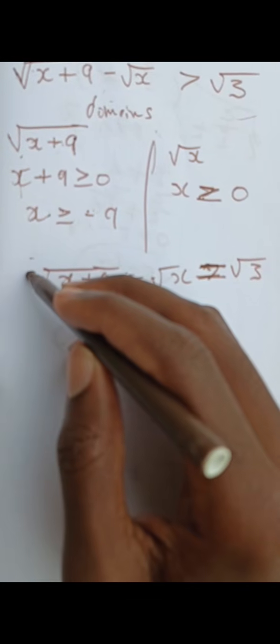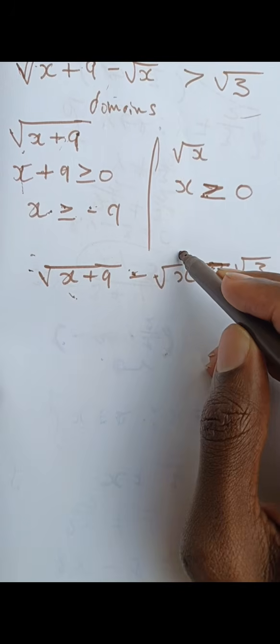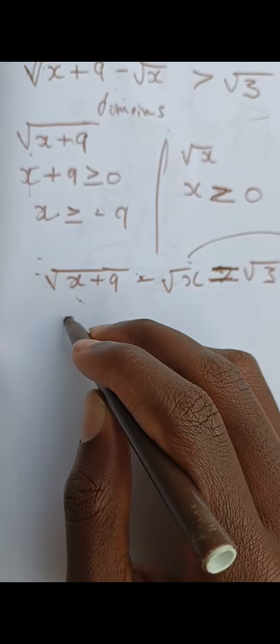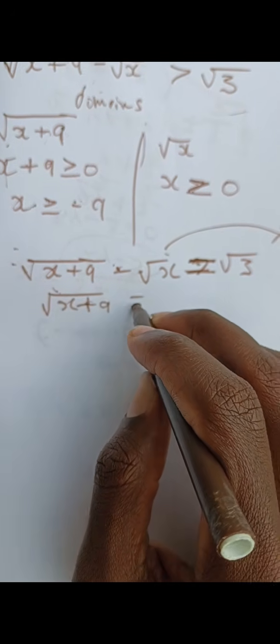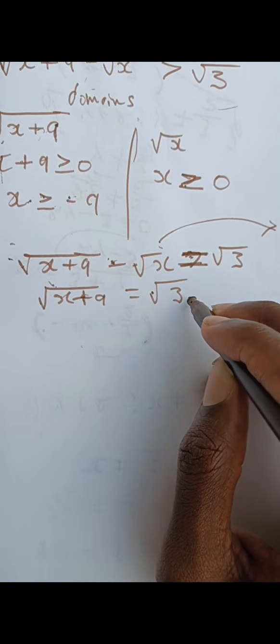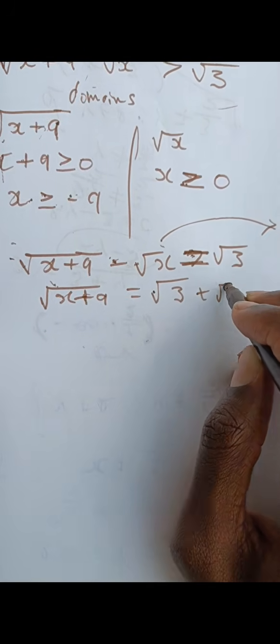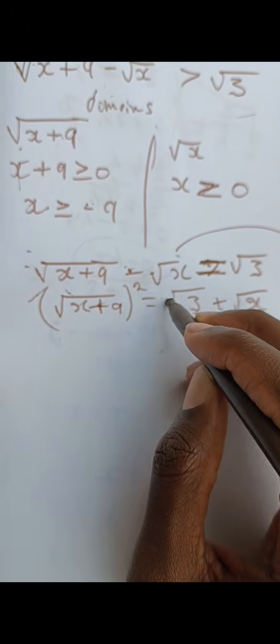To easily solve this, I'll take this to the other side so that here I remain with square root of x plus 9, and then square root of 3 plus square root of x. Then introduce power 2 to both sides to get rid of the square roots.